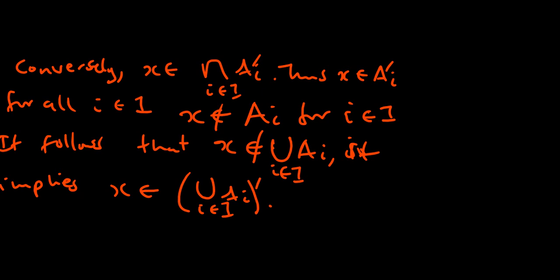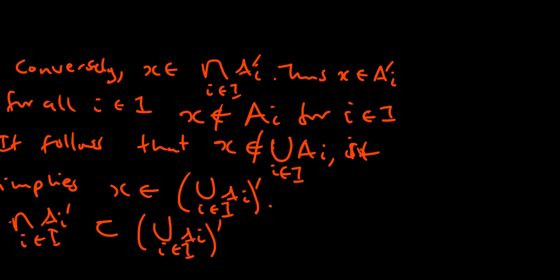So hence from here we see that the intersection of the complements of these arbitrary sets is just a subset of the complement of the union of this arbitrary family of sets. And this we can label part 2.